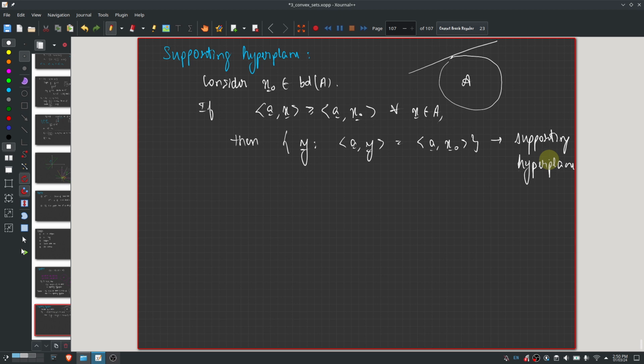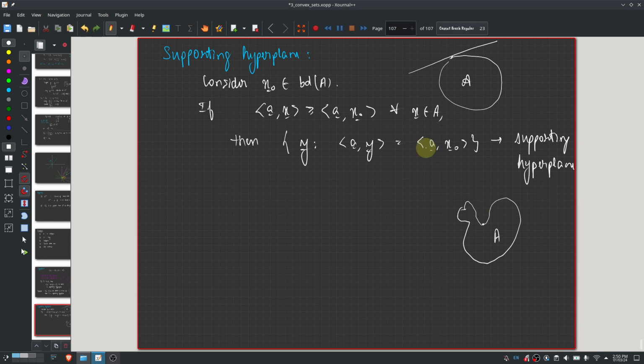Exactly. So I'll come to that. In general, a supporting hyperplane may or may not exist for a given set. Even if the set is non-convex, it's possible that at some points you can construct a supporting hyperplane. But if it is not convex, so for example, if you have a set that looks like this, this is my set A, at this point, for instance, I will not be able to construct a supporting hyperplane.